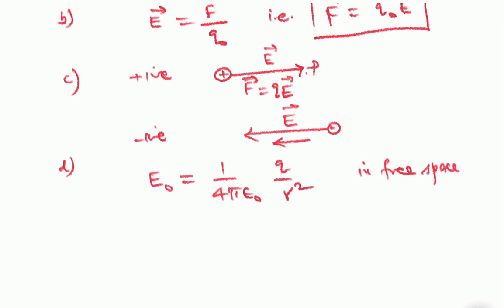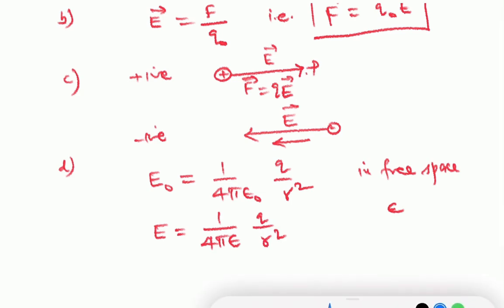And if you want to measure this in some medium of dielectric constant epsilon, then this will be written as E is equal to 1 by 4 pi epsilon q by r square.